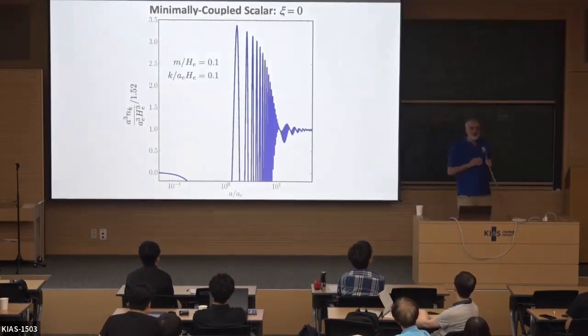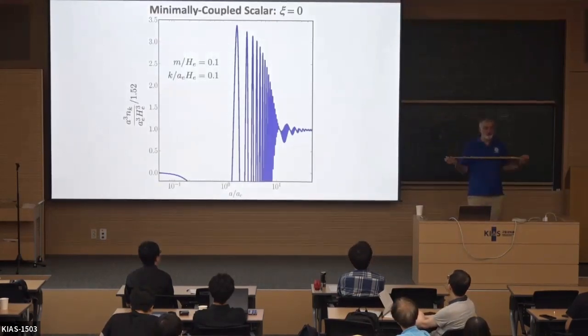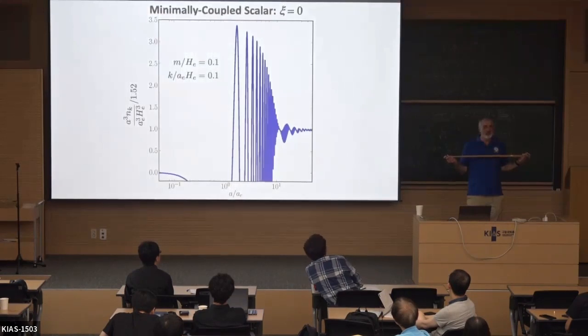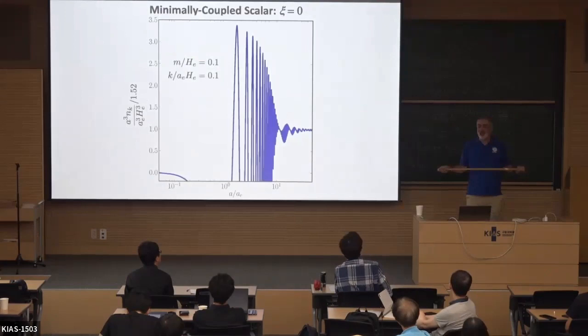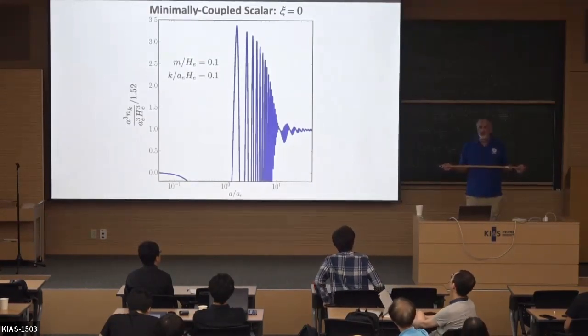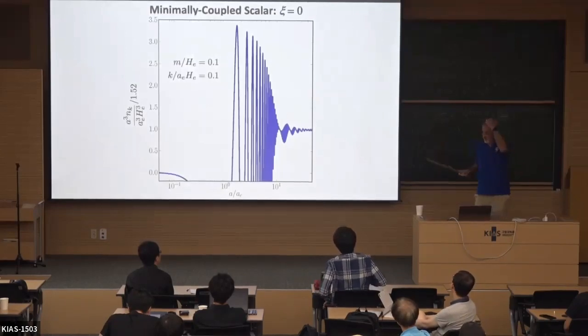What's the difference between conformal and minimal coupling? Yes, omega, the scale factor can become negative. Not the scale factor. The angular frequency squared can become negative. So that is the difference.